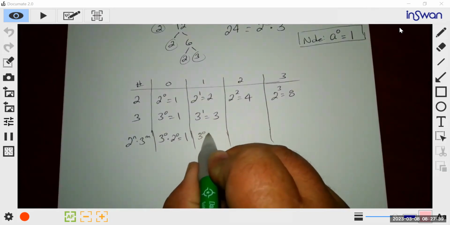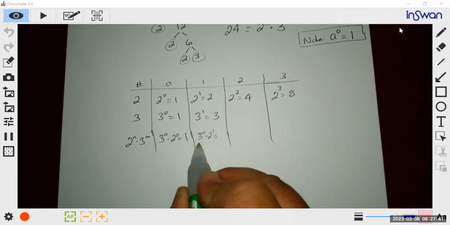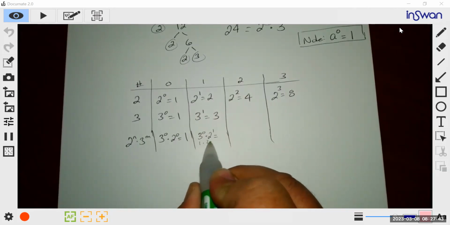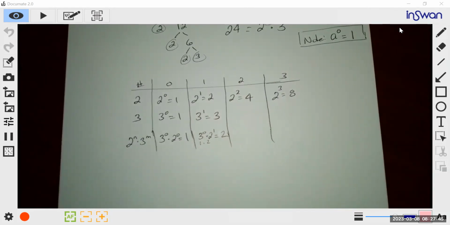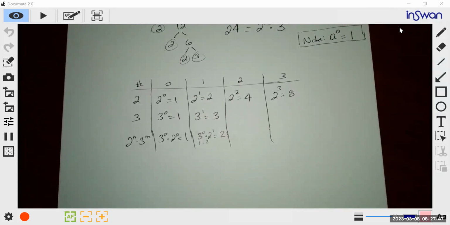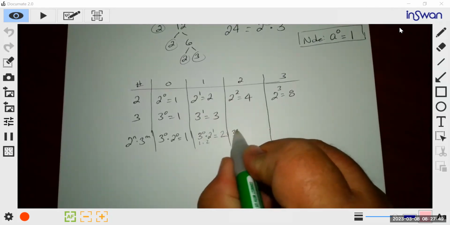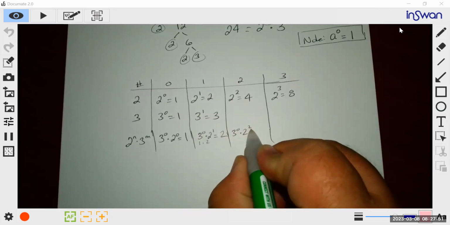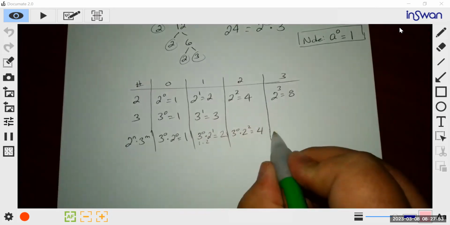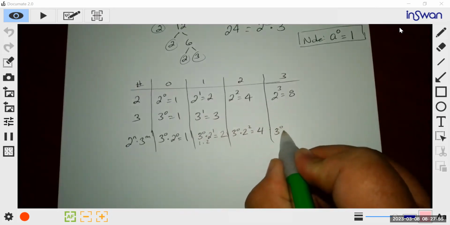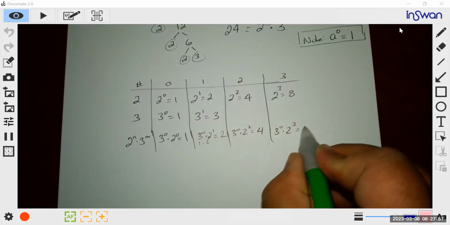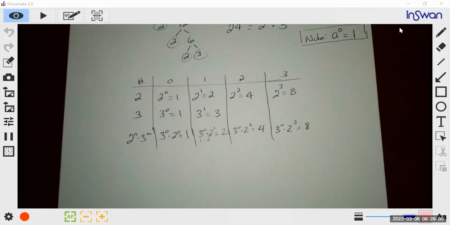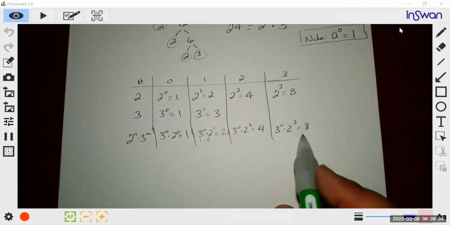If 3 is 0 and 2 is 1, this is 1 times 2 is 2. If 3 is 0 and 2 is to the second, that's 4. If 3 is 0 and 2 is 3, it's 8. So that's all of them with 3 to the 0 power.